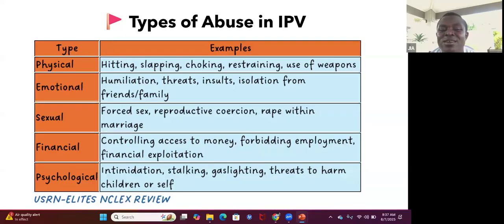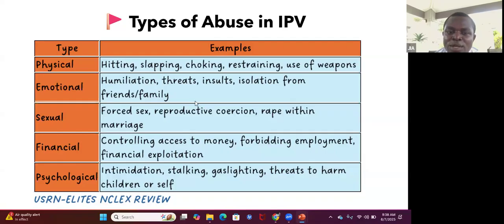Emotional, you just mentioned it. The exam will not ask you what the types are or what the examples are. We're just mentioning them here so that they can resound in our minds and we can visualize them whenever we meet exam questions. So for the emotional type, we can have humiliation, threats, insults, isolation from friends or family.